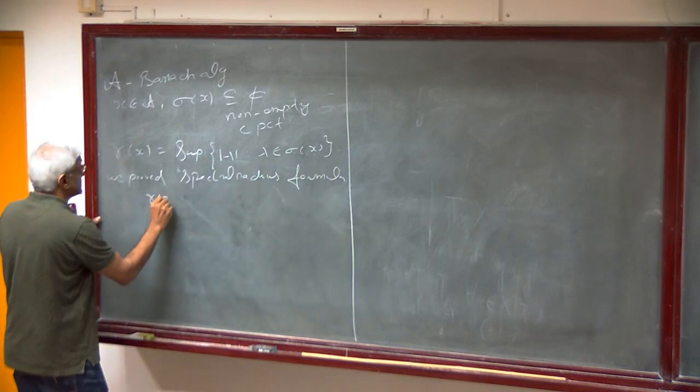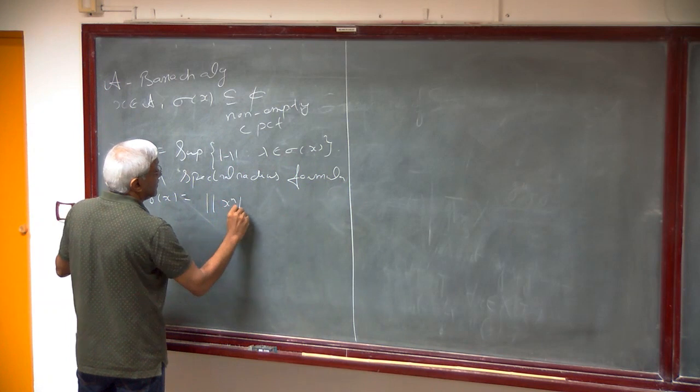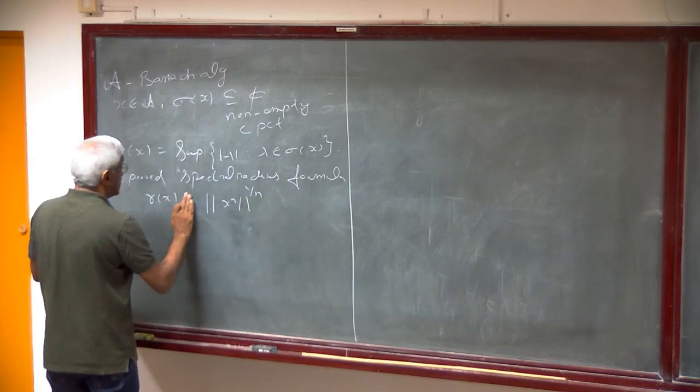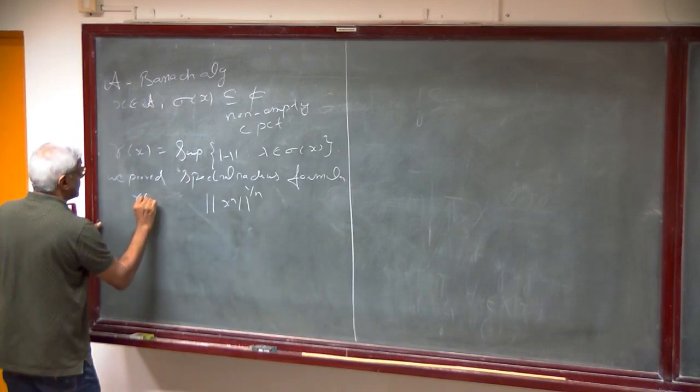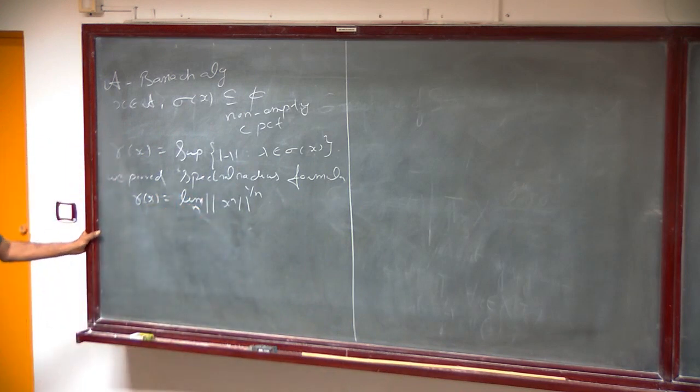It is R of x equal to the limit of norm x to the power n, to the power 1 by n. This limit exists and it is equal to the spectral radius.